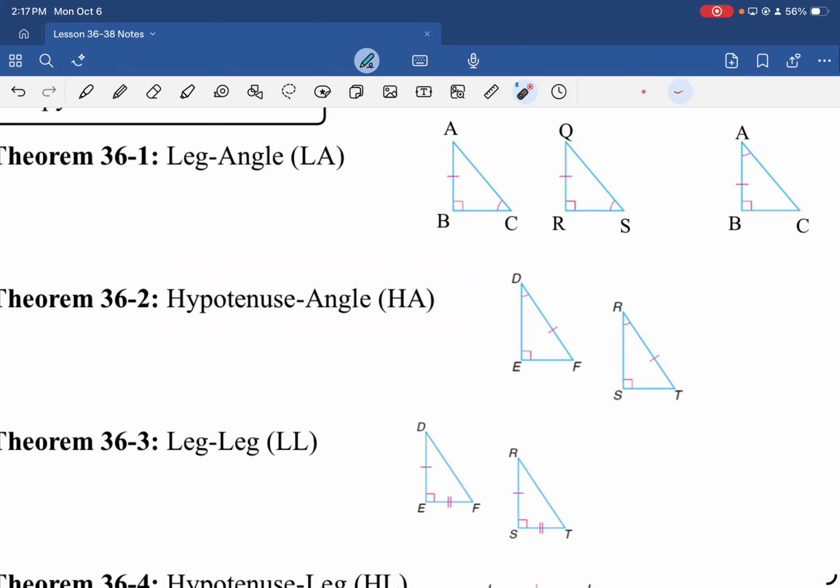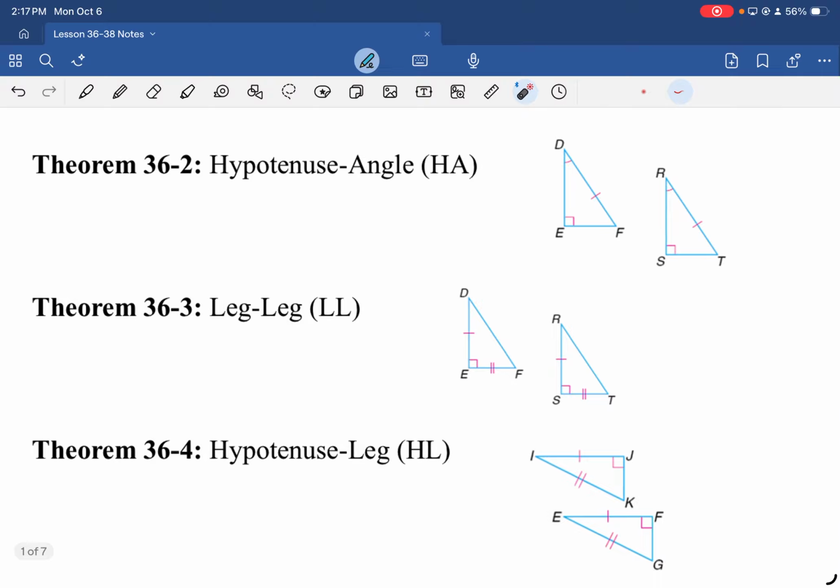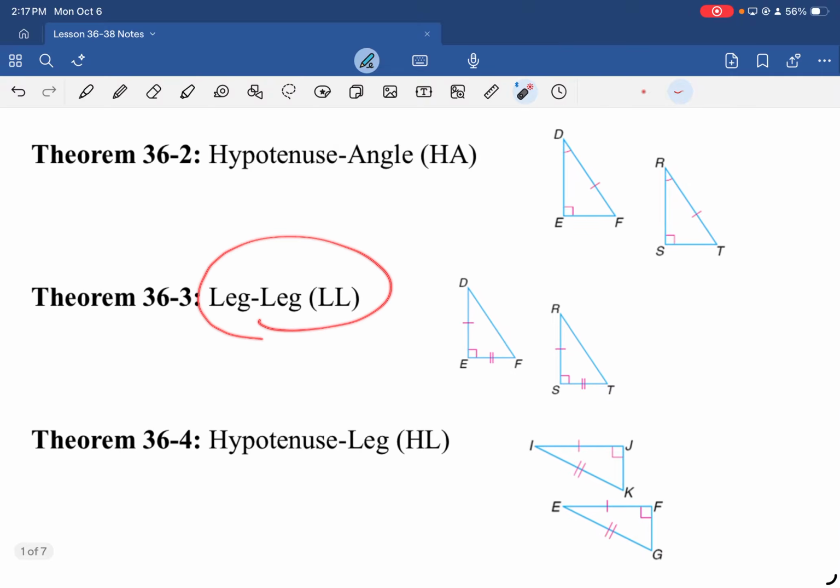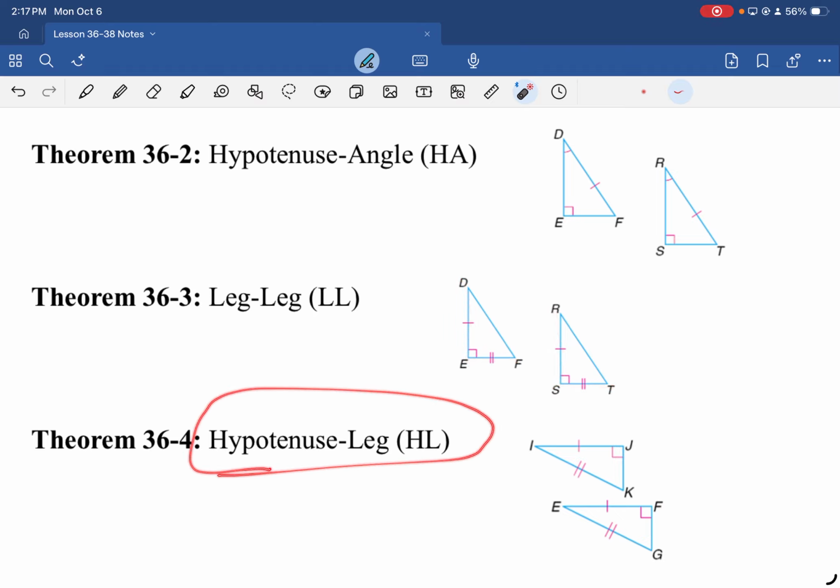Now the second theorem, 36-2, is hypotenuse angle. So as you can see, we have the hypotenuse and an angle congruent to hypotenuse and an angle. Pretty self-explanatory, right? Look at theorem 36-3, leg leg. Well, leg of one congruent to leg of another. And then last but not least, we have hypotenuse leg.